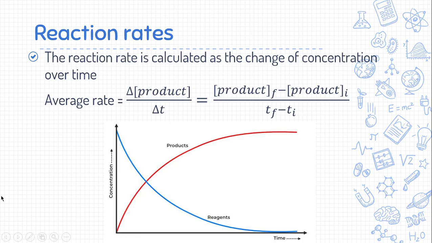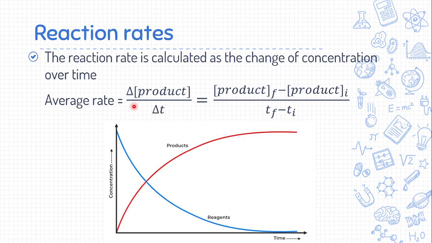If we graph the concentration of our reactant over time, we would expect the concentration to decrease because it's being consumed. The reverse is true for the product. Over time, we would expect the amount of the product to increase as more and more reactant is converted into products. And so, the reaction rate is the change.